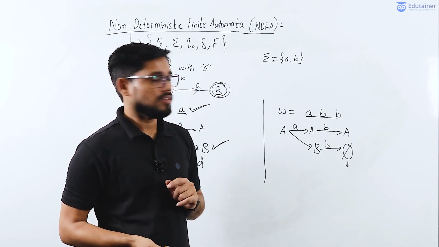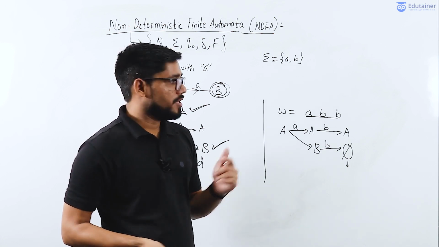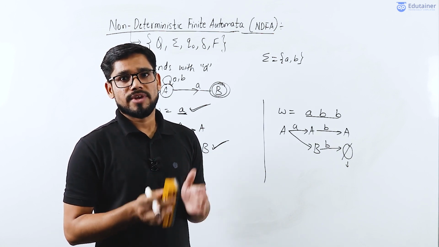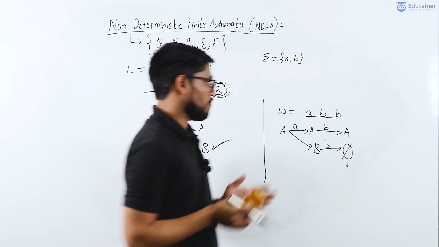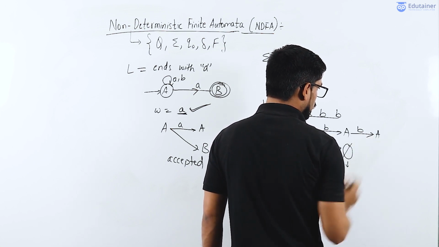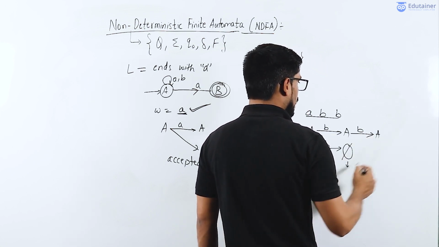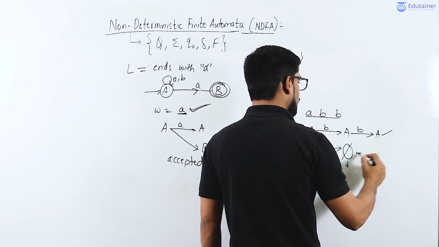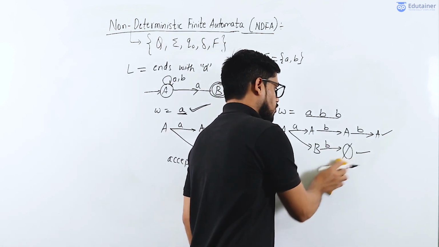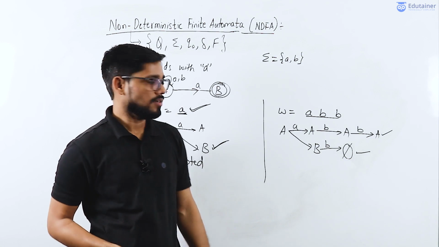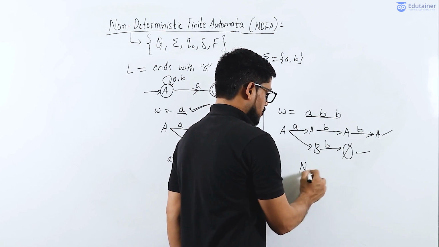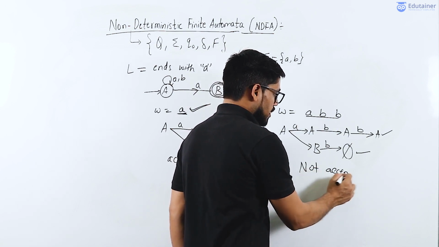But a non-deterministic machine has the concept of a dead configuration, which means no move is defined for such an input alphabet. Here also on small b you go to the capital A state itself. Capital A is not a final state, and phi is a dead configuration, so we cannot consider it a state. That means this particular string is not accepted.